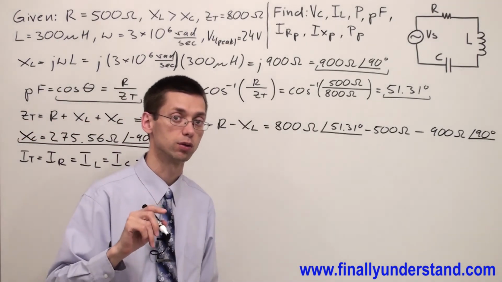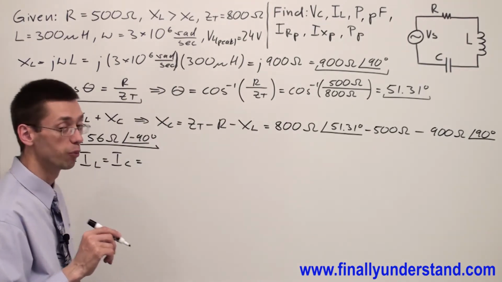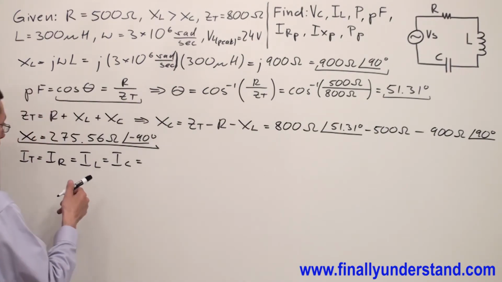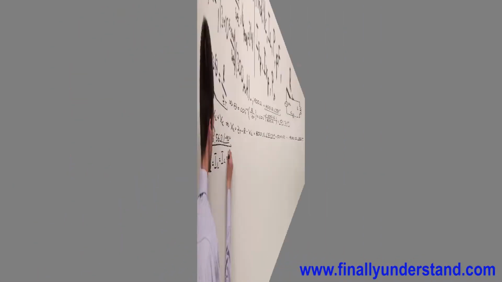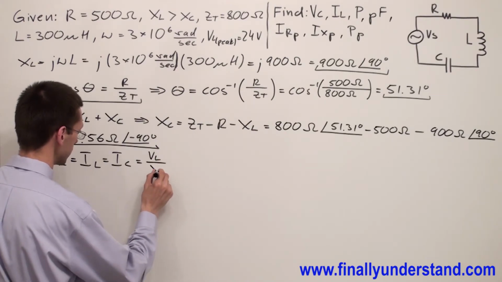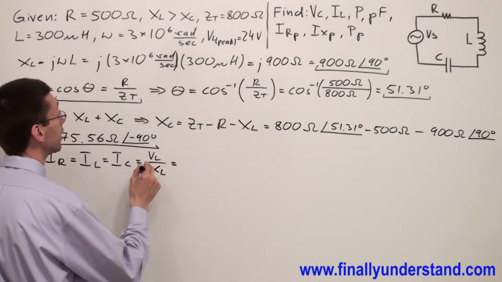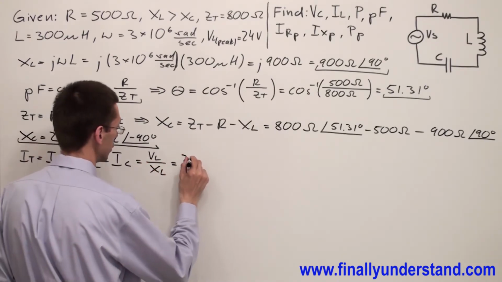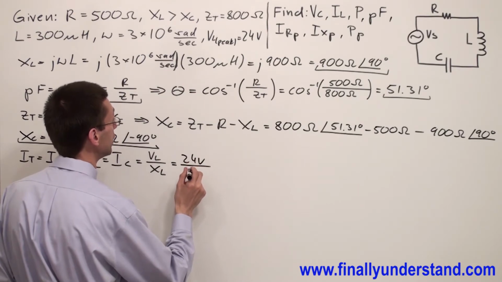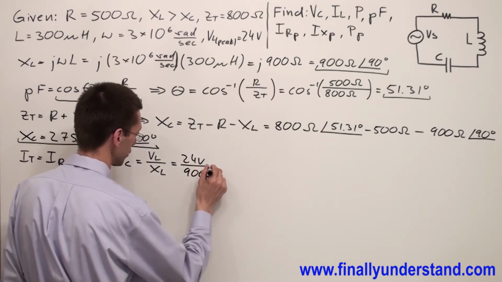In series circuit, current at every single point or at every single component is the same. So I can say that this is equal to voltage across the inductor over the inductive reactance. So I have VL equals 24 volts over X of L, which is equal to 900 ohms.